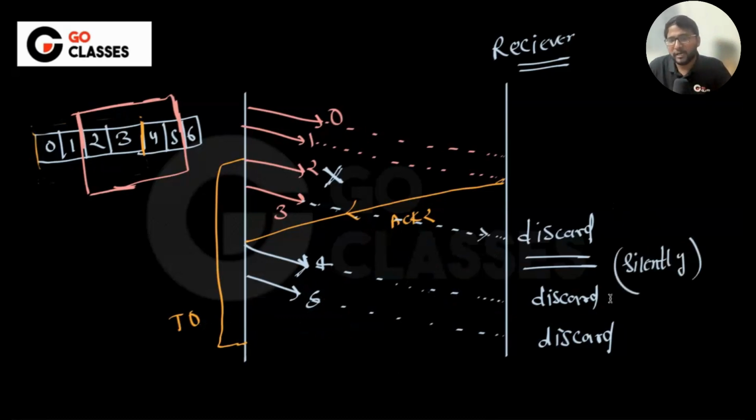So it will discard, and after timeout, what will happen? After timeout, you will send this 2, then it will accept this 2, right? Now, interestingly, after timeout, will this 2 alone suffice, or does it have to send 2, 3, 4, 5?